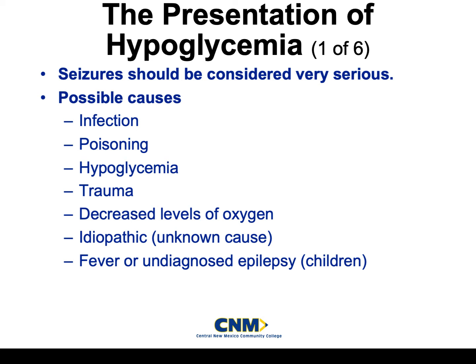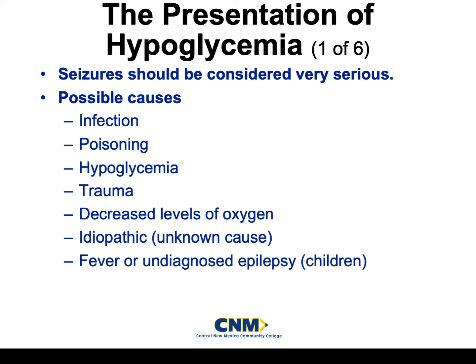and fevers and undiagnosed epilepsy in children can be caused by hypoglycemia. That's why when I was talking to you guys about the seizure lecture in neuro, anytime that somebody is seizing, let's make sure that we try to get a sugar on them if we are able to without actually hurting the patient.